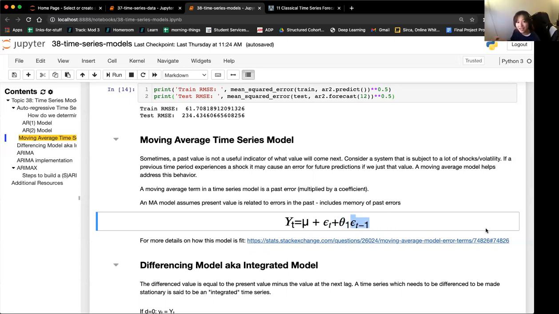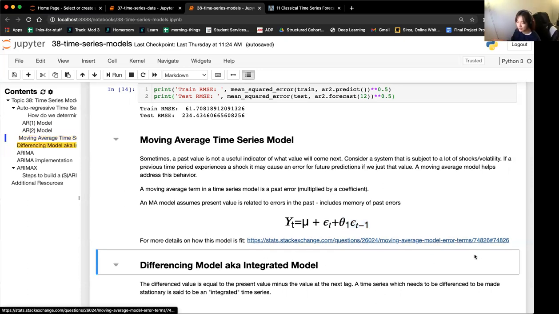This term is the error term from the last period. So basically, this model is going to take into account that last period I predicted something a little bit off, and we're going to correct for that change. I have another resource that talks through exactly how this model is fit.